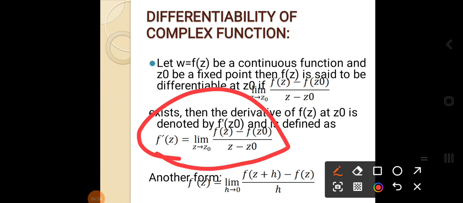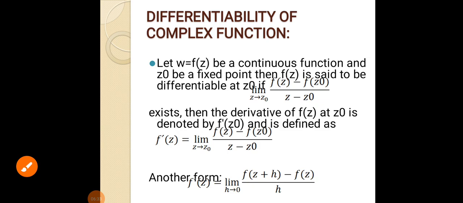In another form we can write f'(z) = limit as h tends to 0 of (f(z + h) - f(z)) / h.